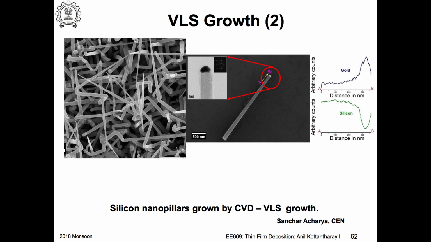This is EDAX, energy dispersive X-ray spectroscopy. Yeah, so he has actually then made devices using these nanowires, and some work is also going on to make sensors using these nanowires and so on.